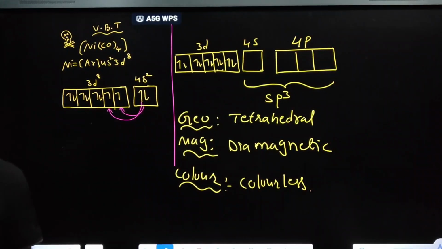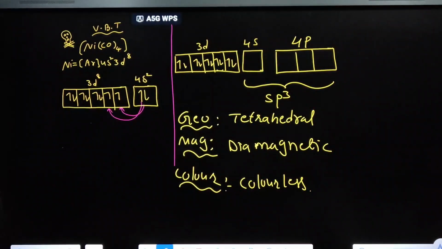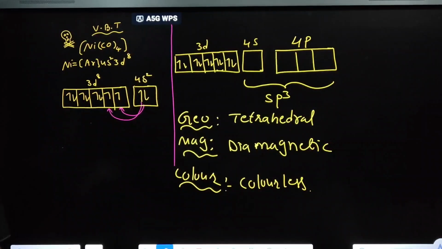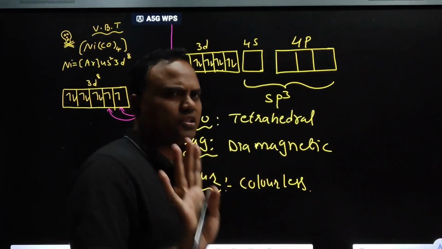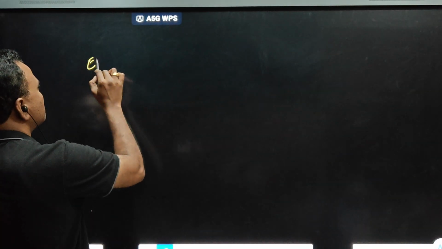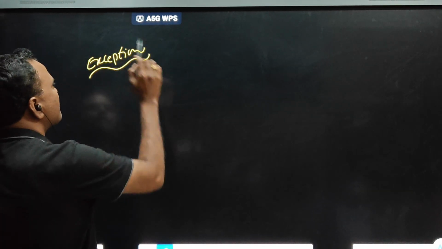Exceptional example, nickel tetracarbonyl. This only will come. Direct question, nickel tetracarbonyl. Okay. We have few exceptionals only. We can count 1, 2, 3 like that. Second exceptional case. For NEET level, rarely these type of questions will come.